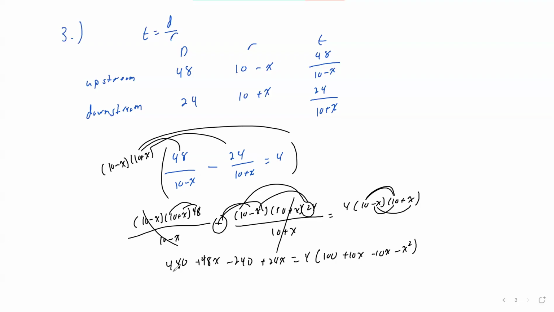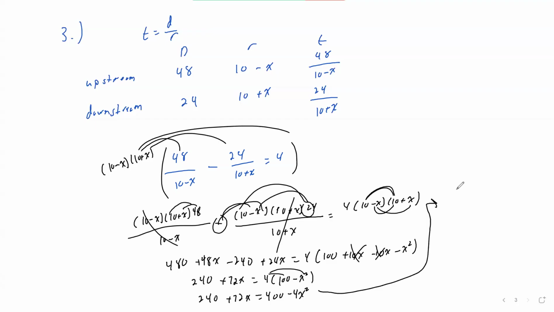So that's going to be 480 minus 240 would be 240. 48 plus 24 would be 72x. Equals 4 times, those would cancel, so I'd get 100 minus x squared. Distribute that out, so that gives me 400 minus 4x squared. I got 240 plus 72x.